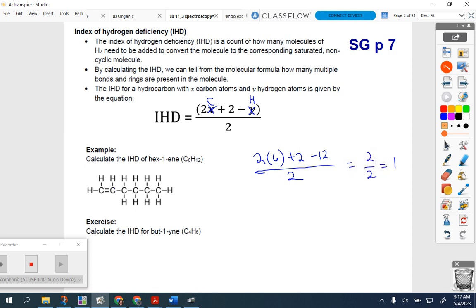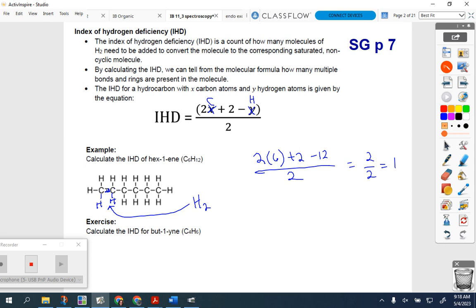And what that's saying is that in order to saturate this molecule, we would need to add 1 H2 molecule. It's going to come in, break this double bond, and add hydrogens to each carbon. So that's 1 H2 molecule, index of hydrogen deficiency is 1. So that's how that works. And again, you can do it straight from the molecular formula.